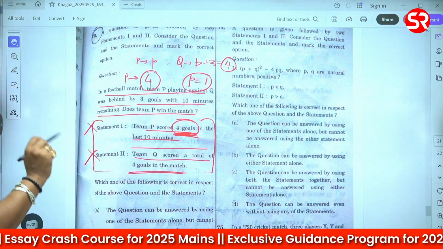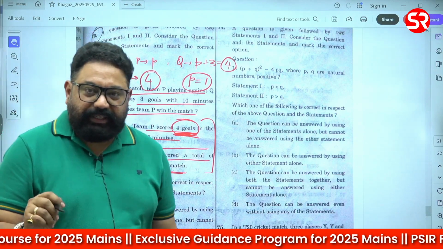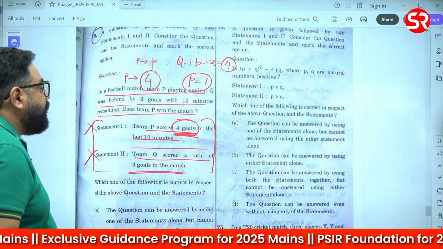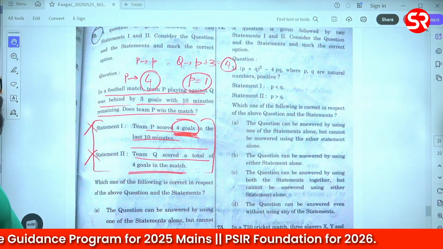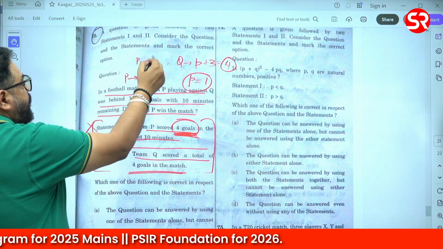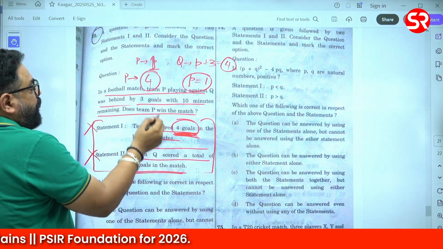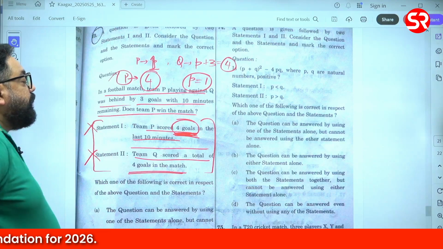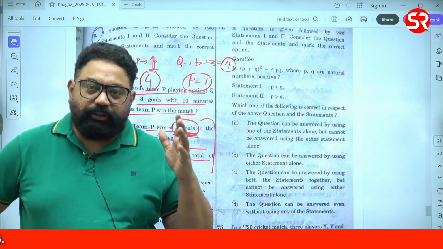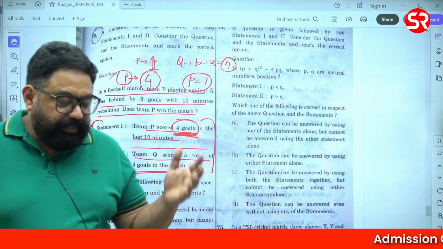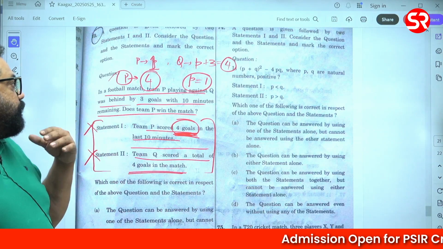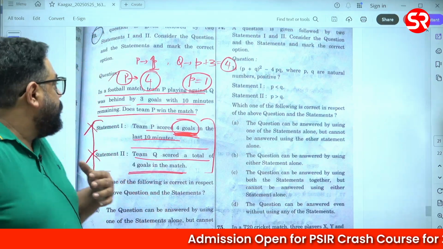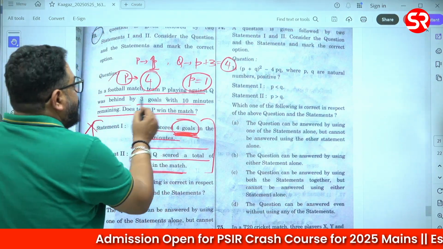This is something really really important. तो अगर ये 1 है और 4 गोल और कर दिए तो इसमें P जीत गया। तो there are two things coming, या तो P जीत गया, राइट? अदरवाइज यहाँ ऐसा हो गया कि दोनों बराबरी पे हैं। तो he says, does P win the match?